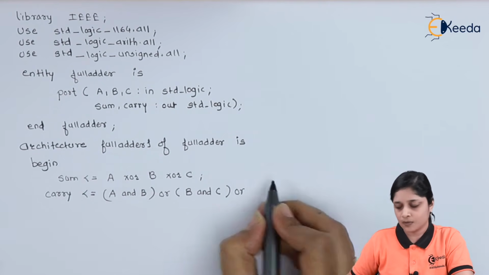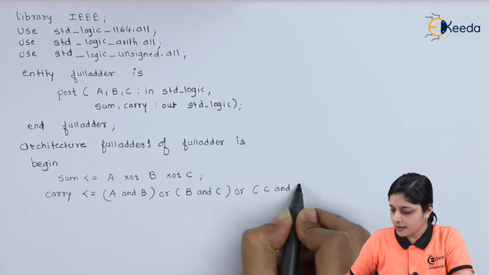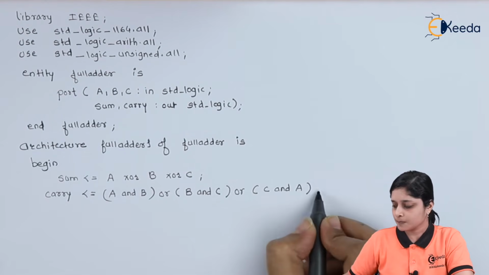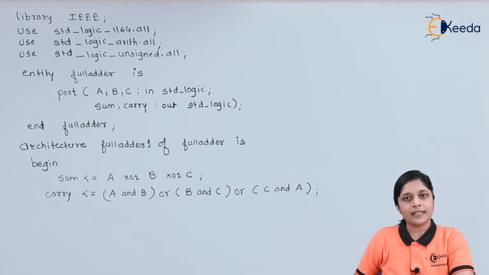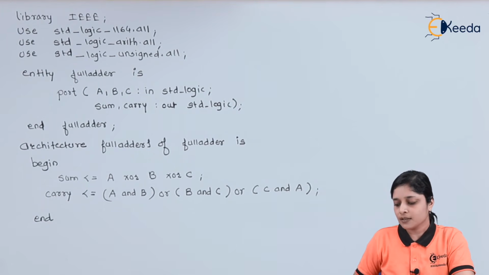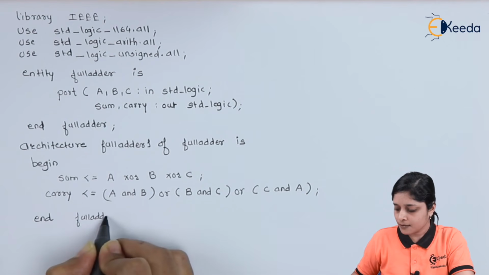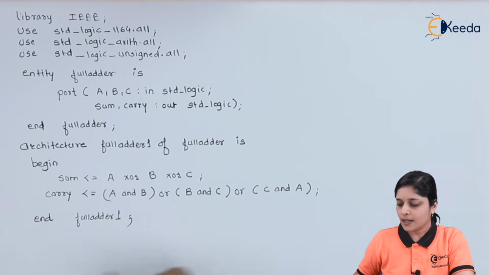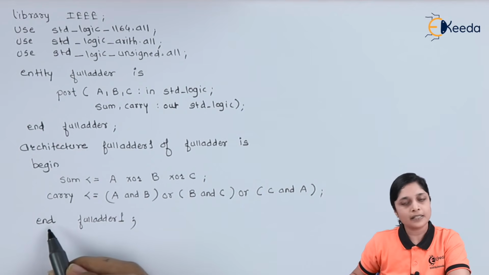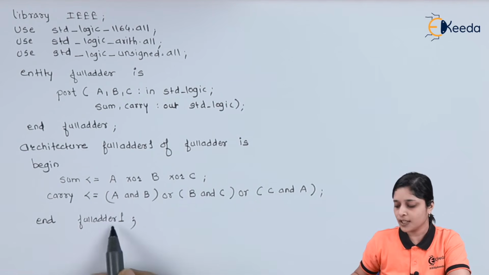Again write or C and A inside the bracket. After writing these two formulas, you can write your end statement. So write down keyword end to define the architecture statement, last statement, followed by name of architecture, that is full adder 1.